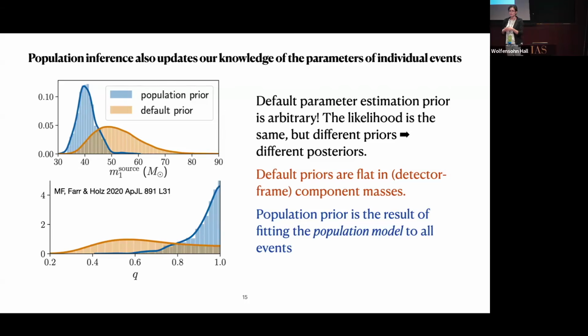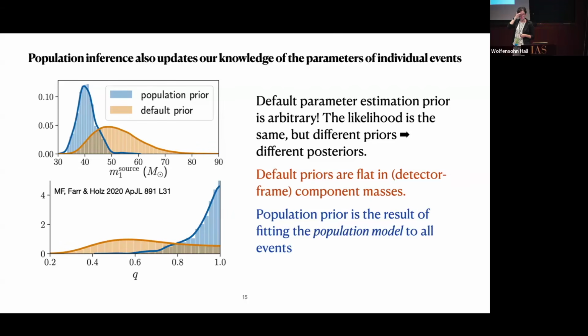What we end up using for the population inference is the parameter estimation likelihood, p(data | theta), and we infer the prior we should be using. So we end up getting a posterior that is different. In this case, the posterior we inferred using our population prior was favoring lower masses than the default prior, closer to 40 rather than 50, and also more equal masses than what we got in the default prior.